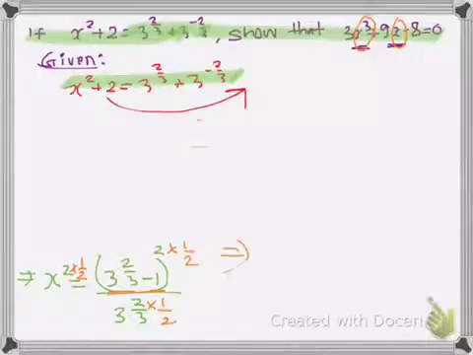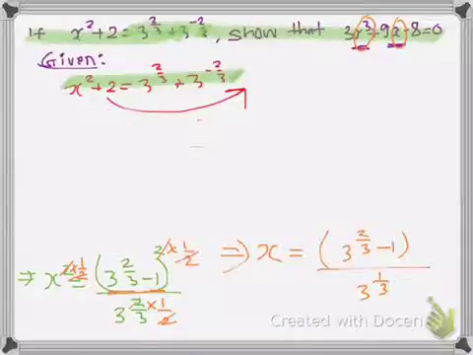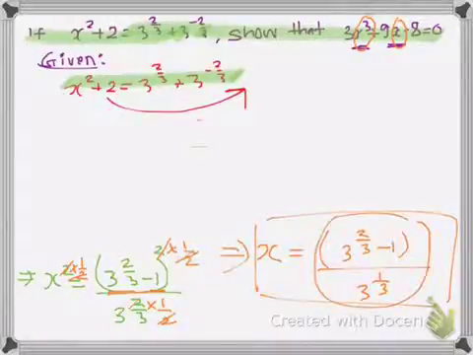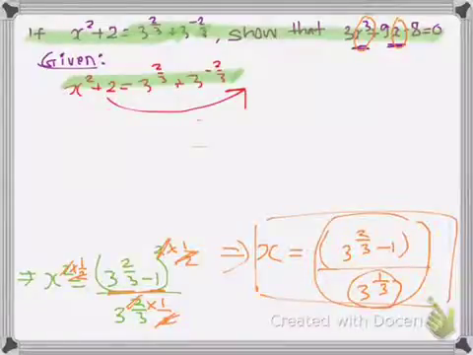So the 2 and 2 get cancelled. On the left hand side only x remains, and on the right hand side, the 2 on numerator and denominator of the power gets cancelled, so on the denominator only 3 to the power 1 by 3 remains, and on the numerator 3 to the power 2 by 3 minus 1 remains.